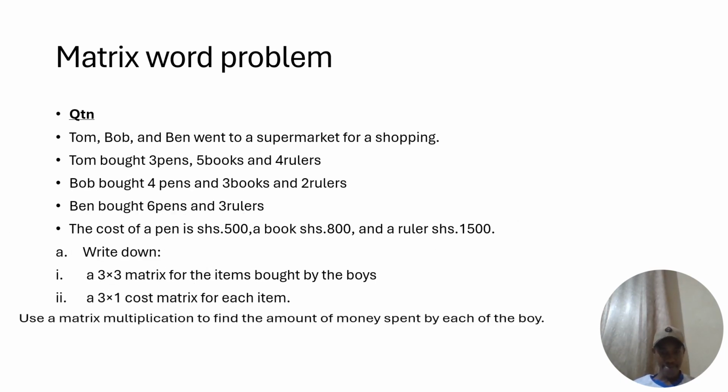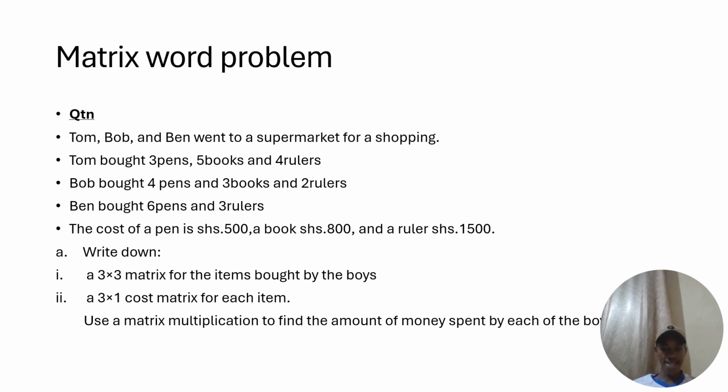Tom bought 3 pens, 5 books, and 4 rulers. Bob bought 4 pens, 3 books and 2 rulers. Then Ben bought 6 pens and 3 rulers. The cost of a pen is 500 shillings, a book 800 shillings, and a ruler 1,500 shillings.